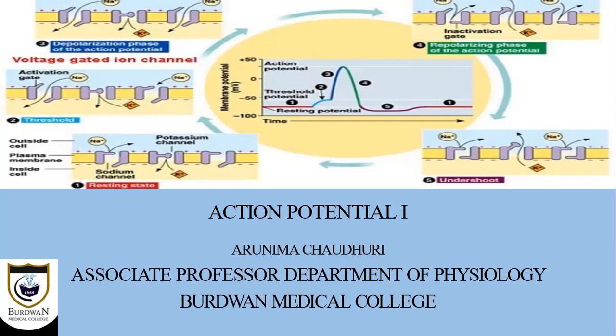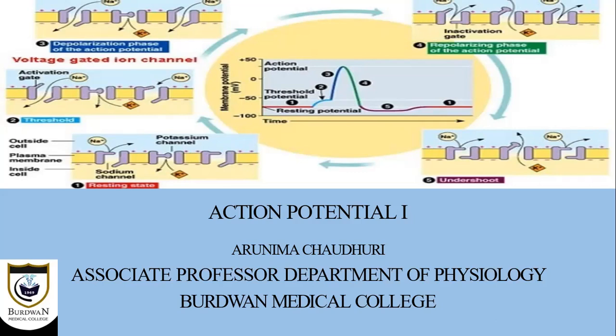We have also seen the factors responsible for genesis of resting membrane potential. Let's just revise. The first is the difference in concentration and permeability of different ions across the cell. Potassium is much more permeable to the cell at rest as compared to sodium ions.